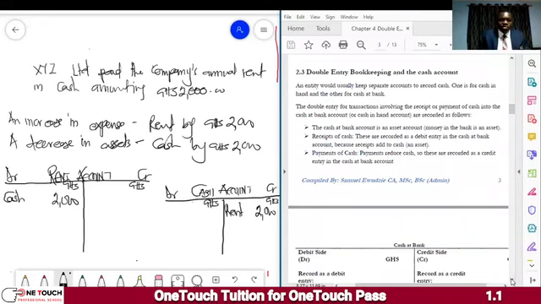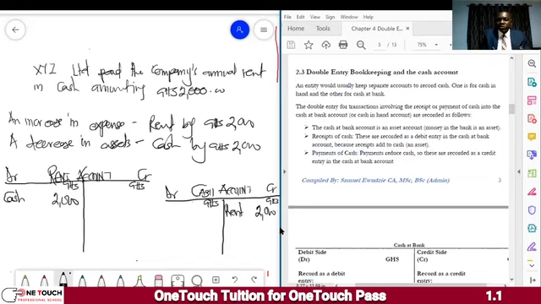Just as I illustrated here, when the company paid their annual rent of 2,000 by cash, you saw that there was a reduction in cash. And as cash was reducing and cash is an asset, you can see that we credited cash in the name of the rent. That is where the matching debit will be found. And the matching debit is found in the rent account. And there too, you see the name of what?